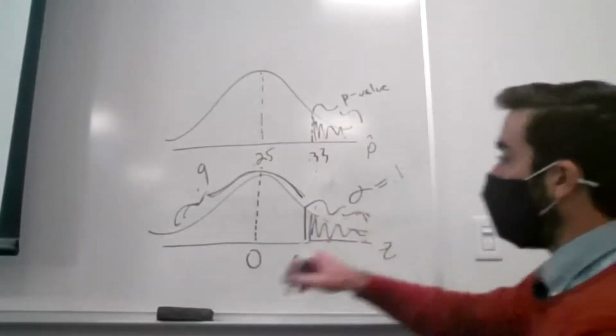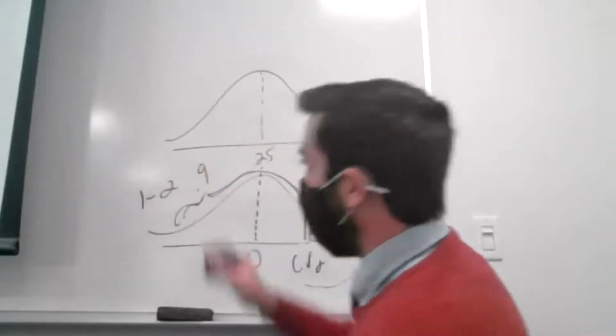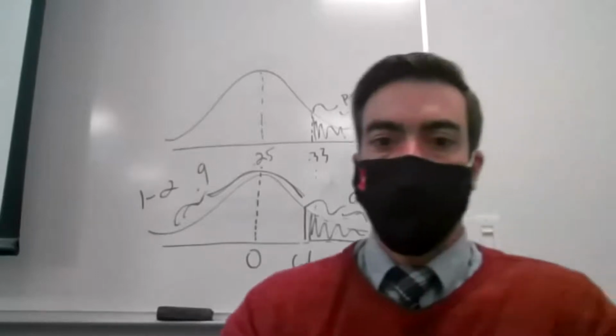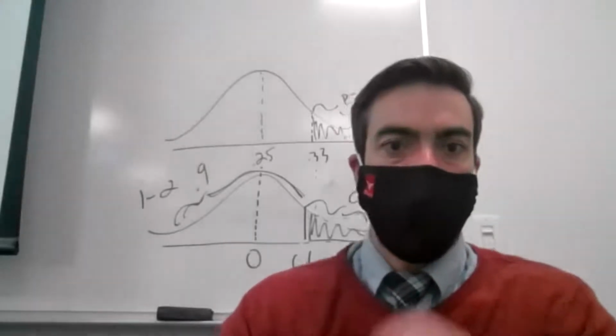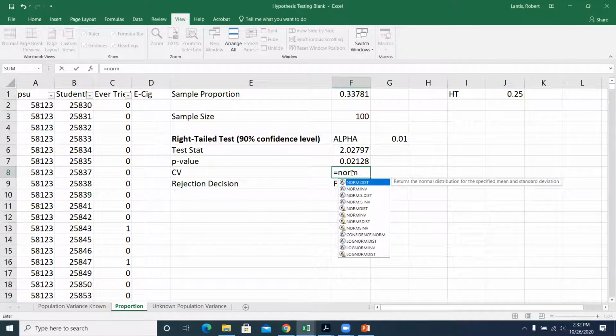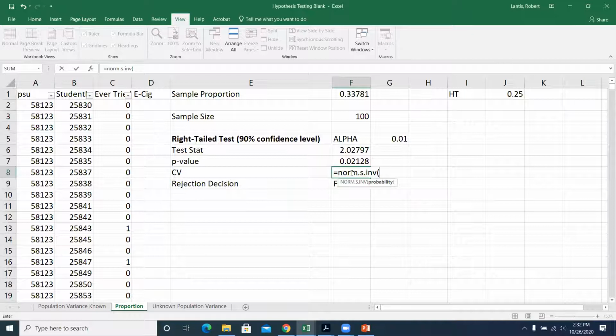How did I get that 0.9? 1 minus alpha. Right? So, I'm going to go back to this Excel file. What's the formula in Excel that, if we tell it the probability, gives us the z-value that gives us that probability in the lower left tail? It's not norm.s.dist. That was norm.s.inv, right? We're working in reverse.